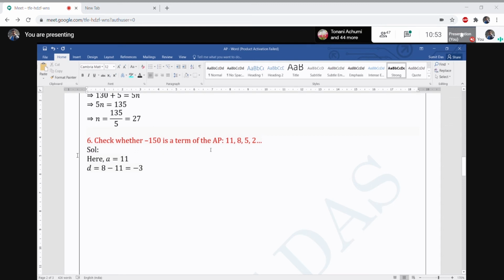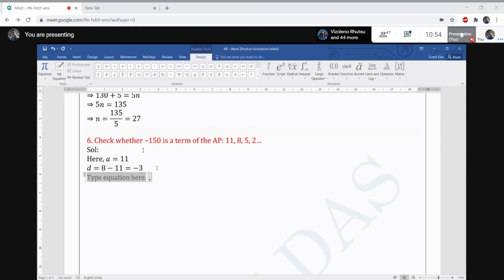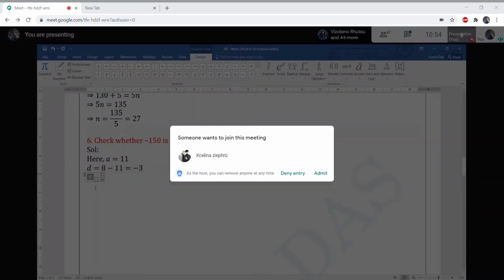Always second term minus first term. Whatever your second term is doesn't matter, always second term minus first term. And here an is minus 150. The n value we have to find.